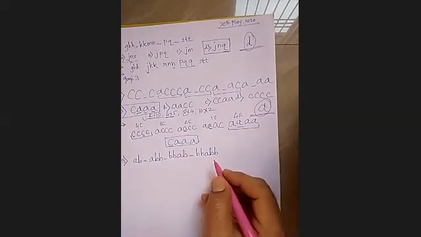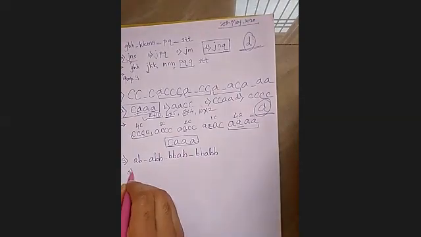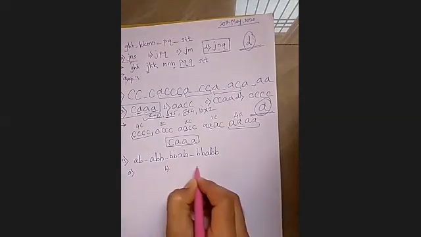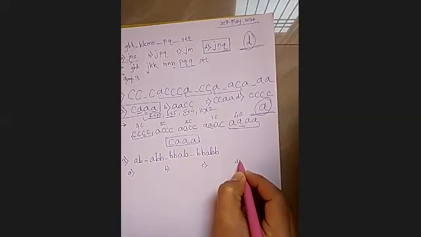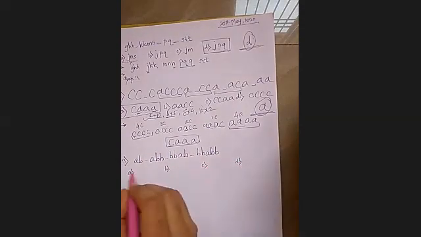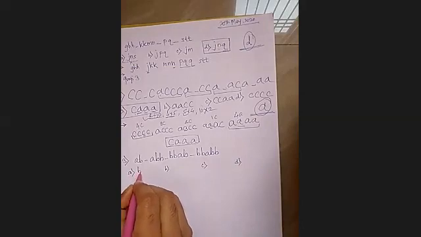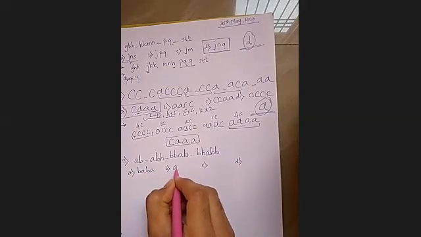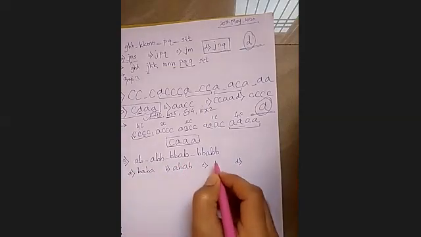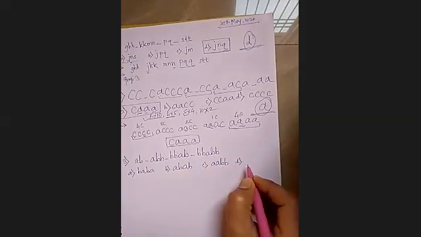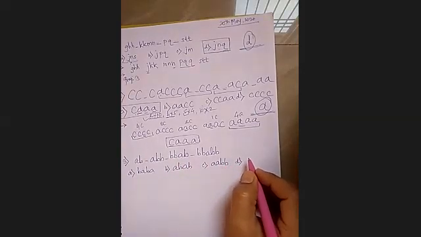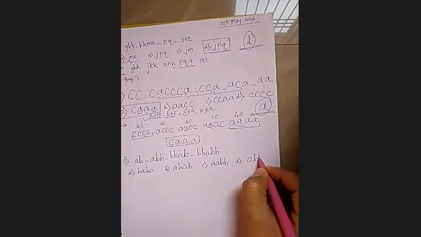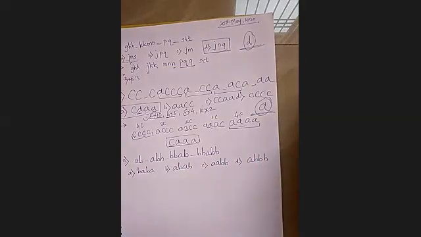And your options are B A, B A A B, AB, AA, BB, right, and ABBB.